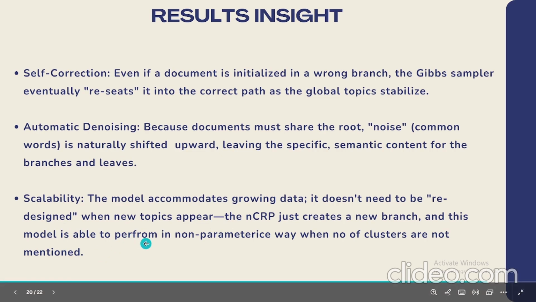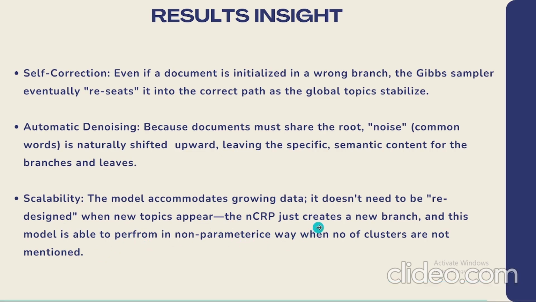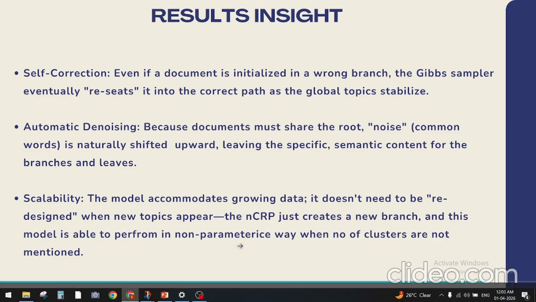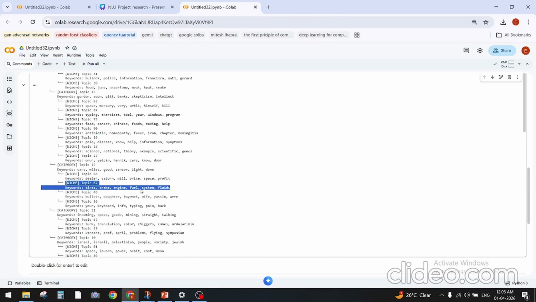The data can create its own topics. The NCRP can create a new branch, and this model works in a non-parametric way when the number of clusters is not mentioned. In the code demonstration also, we saw that the number of topics was not mentioned.